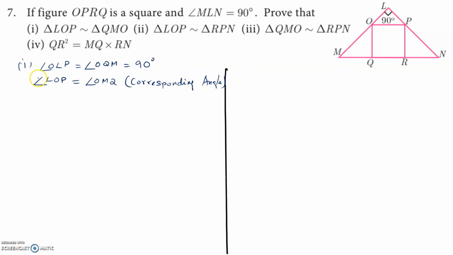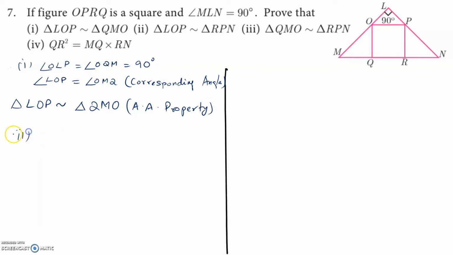Okay. So since two angles are equal, we can say that triangle LOP is similar to triangle QMO, by the AA property.